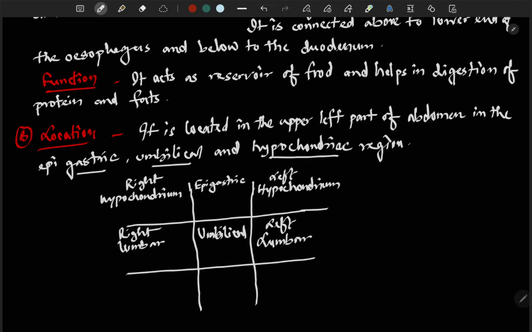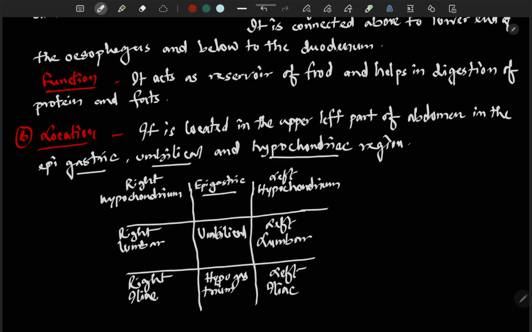Next is the right iliac region. It is the hypogastrium. Like this is epigastrium, so hypogastrium. This is the left iliac.